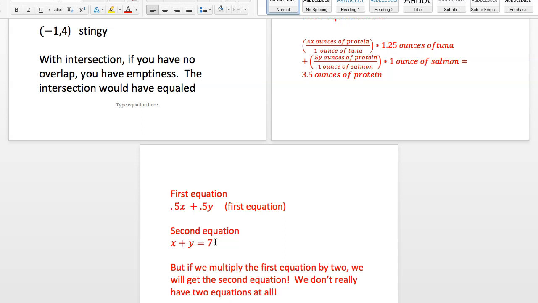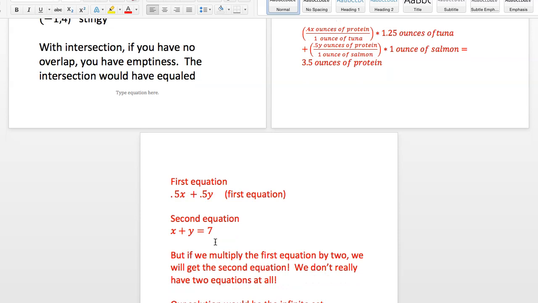And indeed, our solution would be the infinite set. In terms of x, it would be the set x comma y such that y equals 7 minus x.